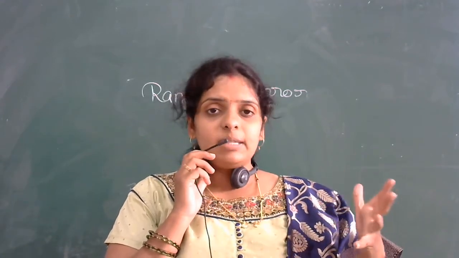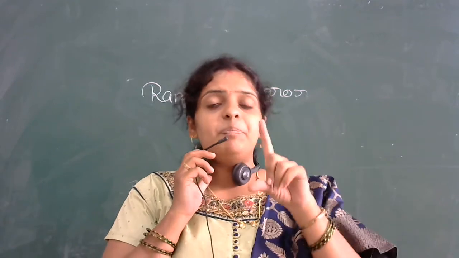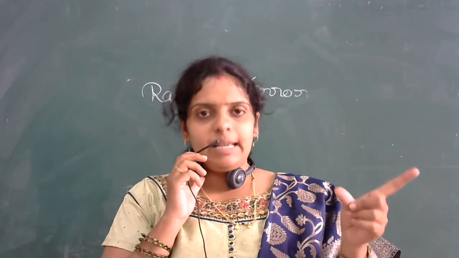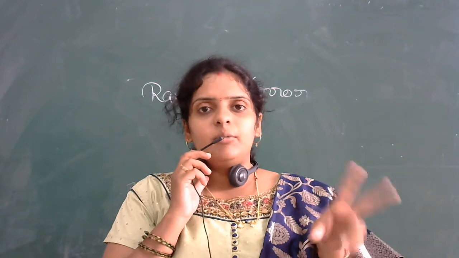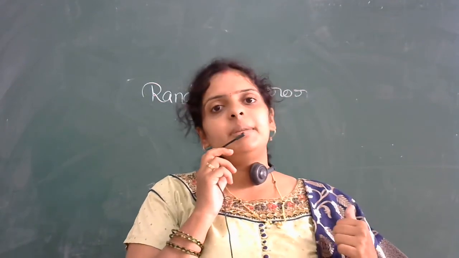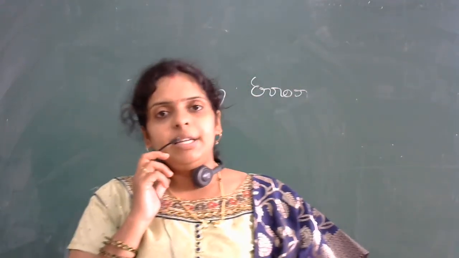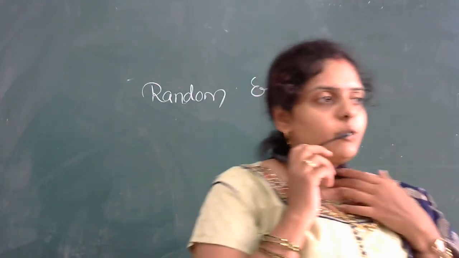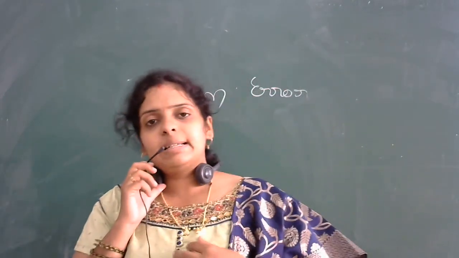Why does systematic error happen? One is imperfection in the experimental techniques, then personal error, and one more reason is instrumental error. Then random error is due to the conditions. So these will lead to error in your experiments.